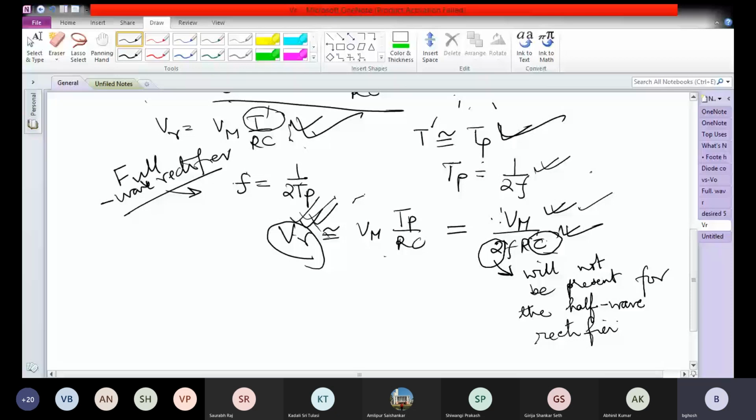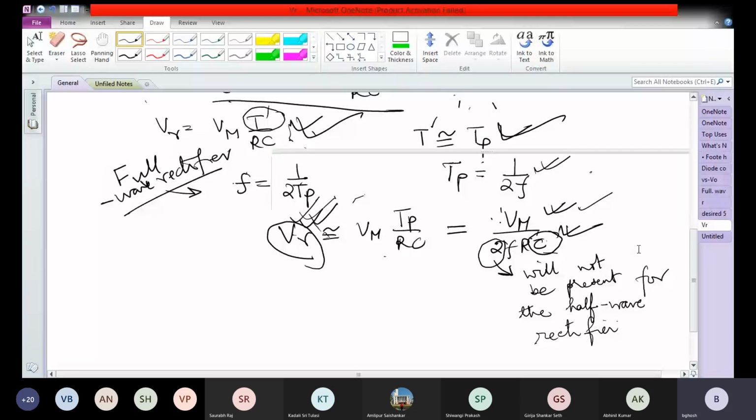And now we go to, I guess, Zener regulation. So we have met with Zener regulation before. Let us revisit the Zener regulation.